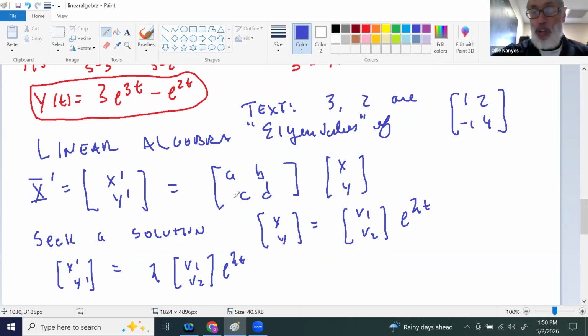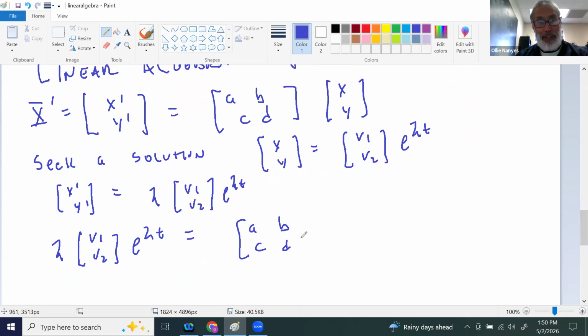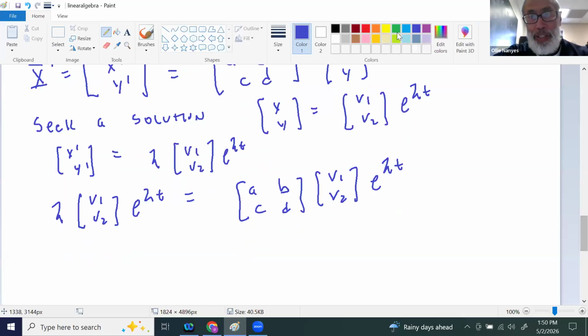So going back to our original equation, this is a derivative vector, so we'll have lambda v1, v2, e to the lambda t equal to this matrix times this vector. This is going to look a lot like what we did with constant coefficients. Now, we use the fact that e to the lambda t is never 0, not even for any complex number. So we divide both sides by that.